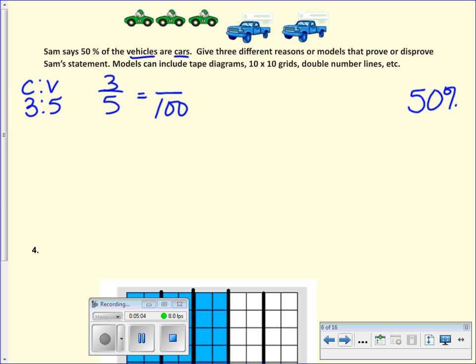What fraction or other ratio would be equivalent to 3/5 that would have 100 as the whole? How'd you do that? How'd you get 60? All right, so why did you multiply them by 20?